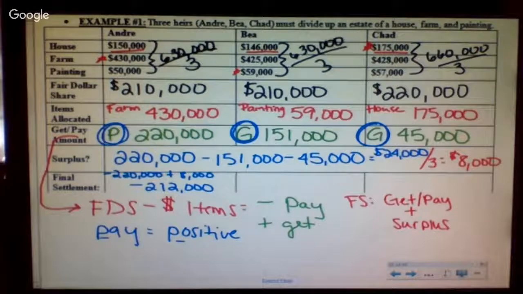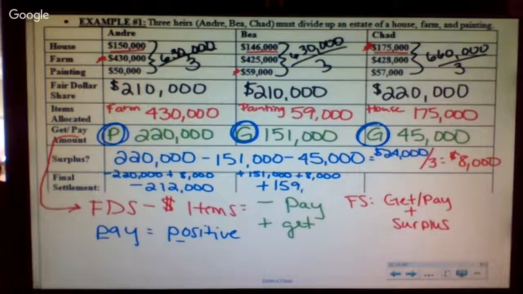Okay. B is getting this amount. So when we're getting, she's receiving, which means it's a positive, plus the $8,000 in the surplus. So for the final settlement, B's walking away with a painting and then $159,000 in cash. Damn.